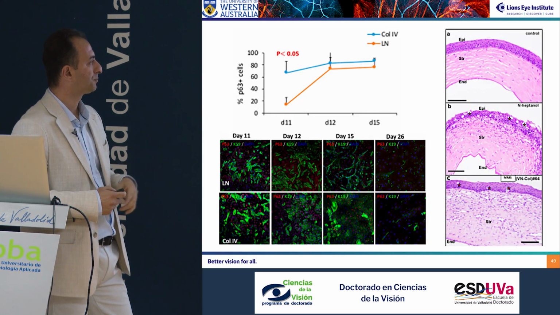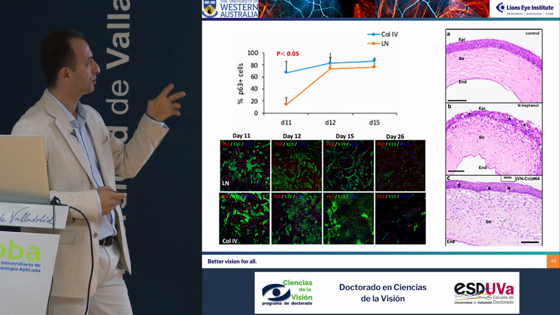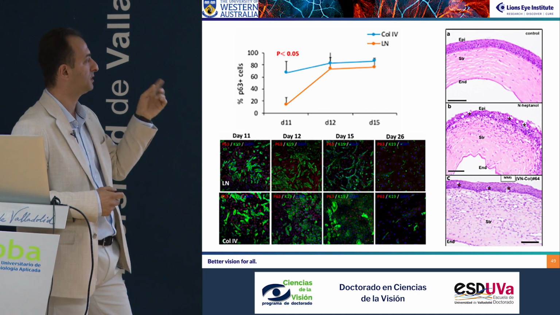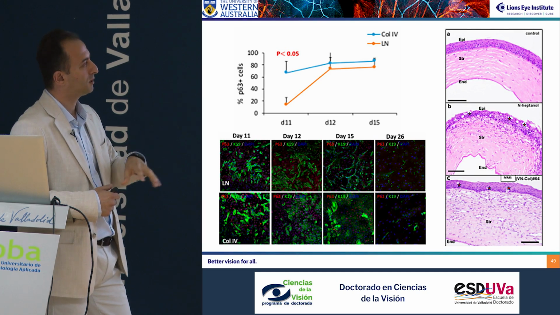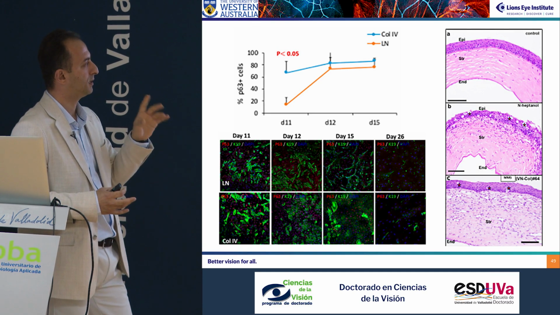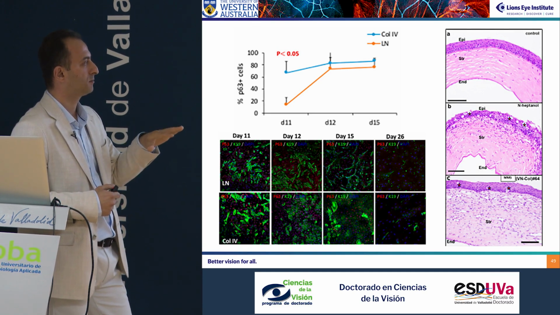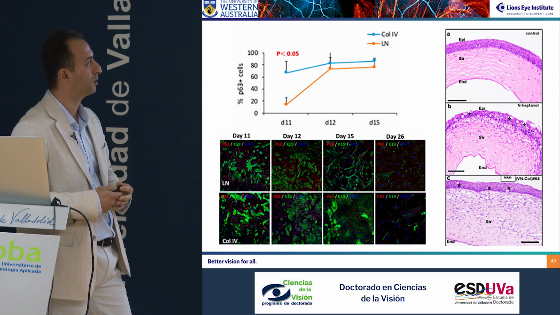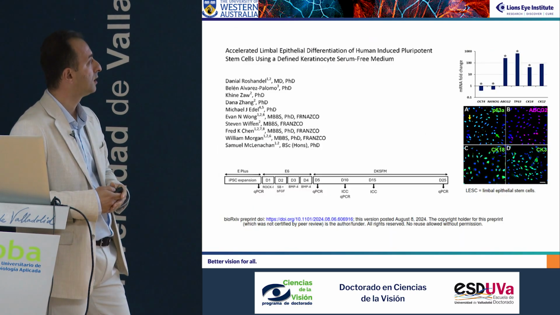With that protocol, we differentiated those cells into limbal stem cells and showed that after 2 weeks, more than 80% of those cells expressed p63, which is a limbal specific marker. Then we grew those cells on fibrin membranes and transplanted them into rat eyes. In 3 rat eyes, it showed that it can regenerate the corneal surface. But we need more optimization and more experiments with this method.